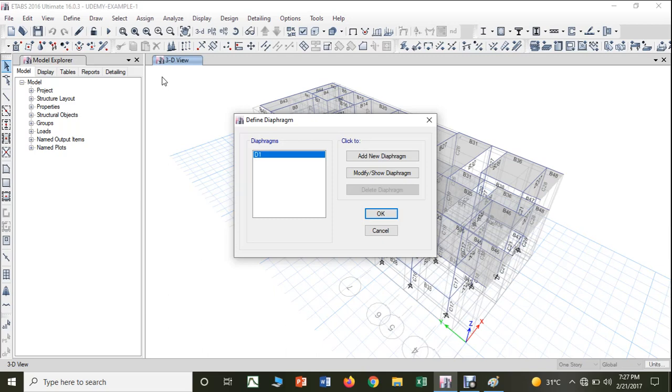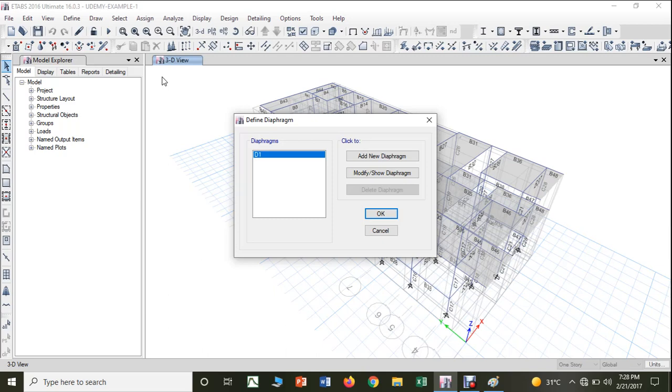See, the software will analyze the structure by considering the entire building or structure as a single one. It doesn't want each and every component to be considered separately. It wants everything to come under one particular point.